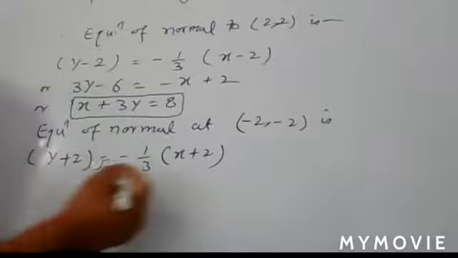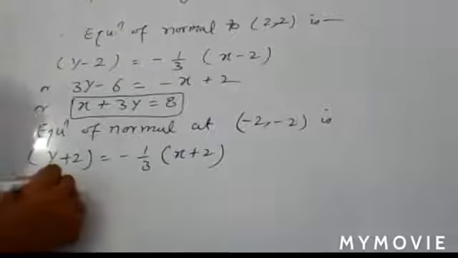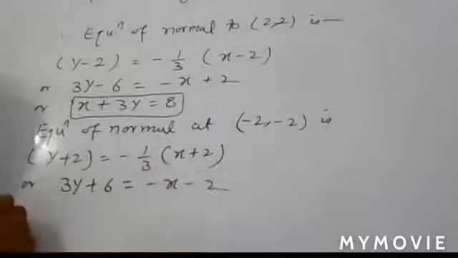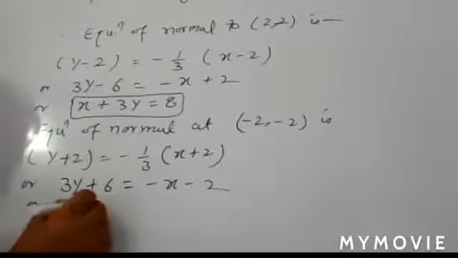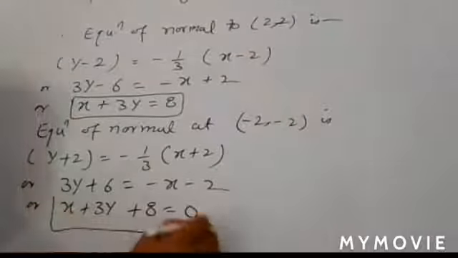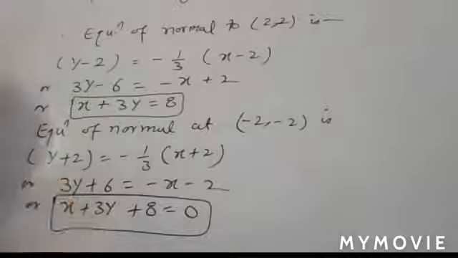So just check it. If you cross multiply, you have 3y plus 6 is equal to minus x minus 2, or you have x plus 3y plus 8 is equal to 0. That is your second equation of normal.